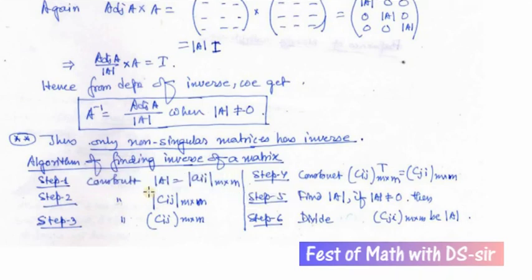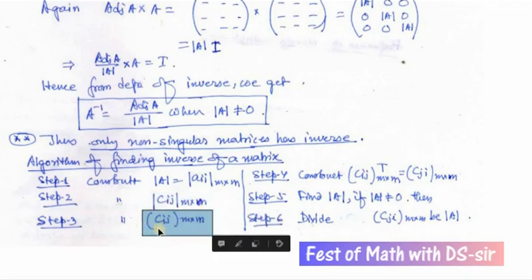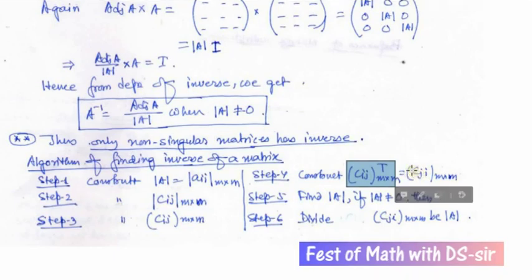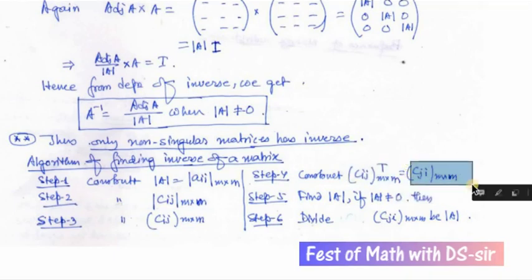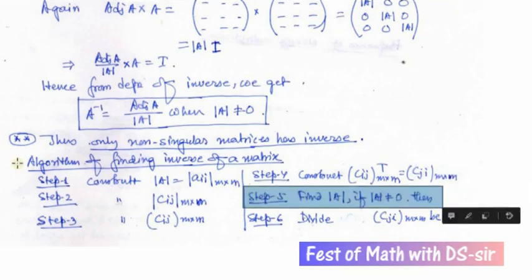We will construct the cofactors of delta, Cij. Then we will construct the corresponding matrix. Notice the brackets, matrix. And then on step 4, we will take its transpose, that is, i and j are interchanged. And delta, this step we will verify in step 1.